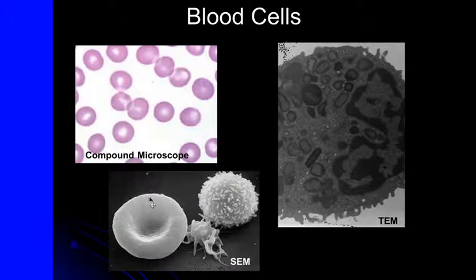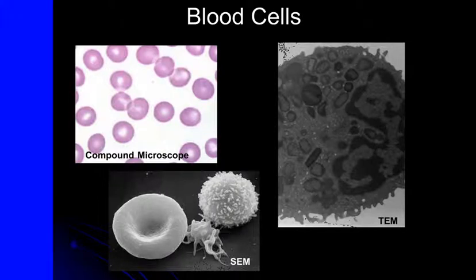It shows us the surface, but it's much more detailed, and much closer up in the image. You can see that a whole lot better. And then if we were to look at our transmission electron microscope, we could actually see inside the red blood cell. And you can see on the inside of that cell there are lots and lots of tiny little parts.